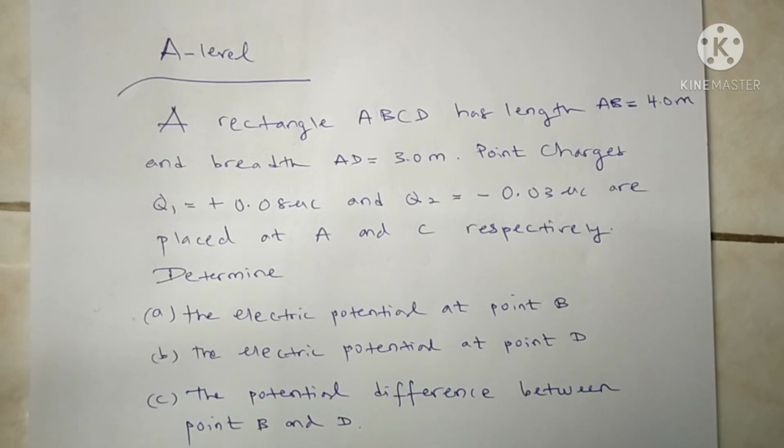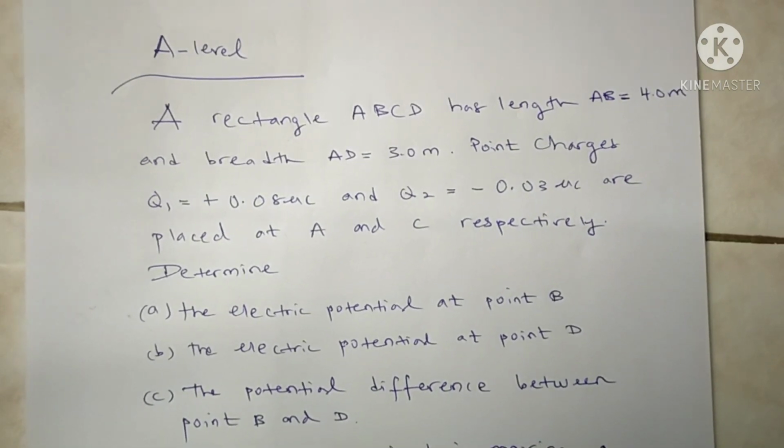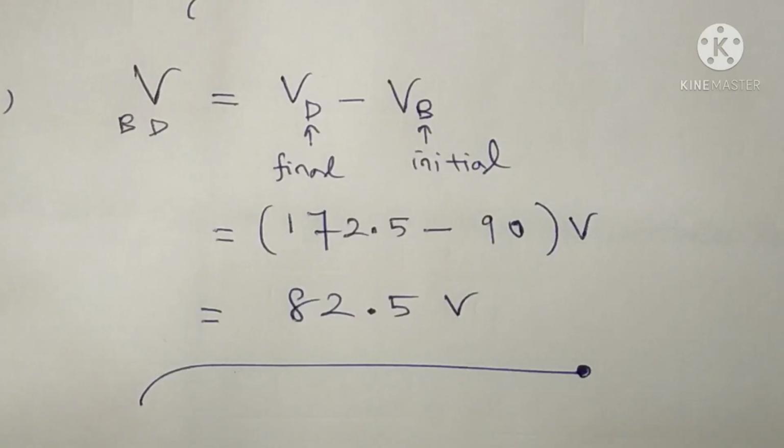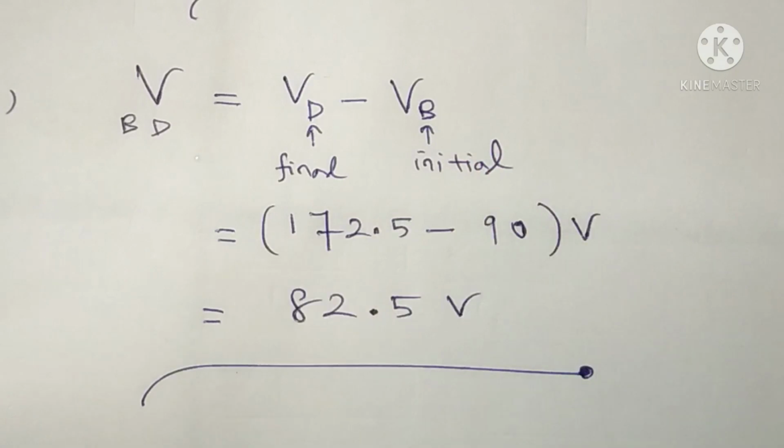And how about section C? Determine the potential difference between point B and D. So the electric potential difference between point B and D is about VD minus VB.